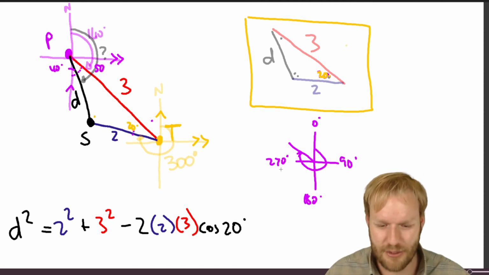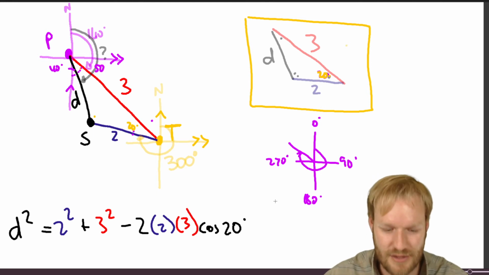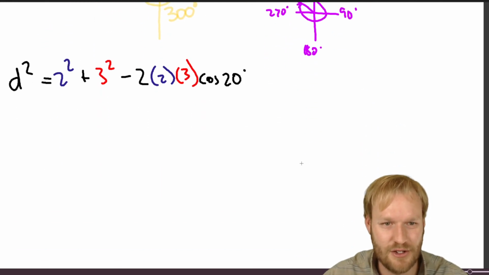Let's write this down. Well, there we go. That will help us find what d is straight away. Isn't that quite helpful?